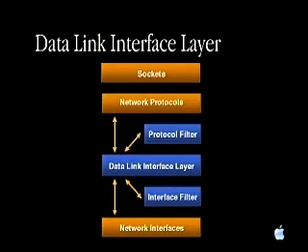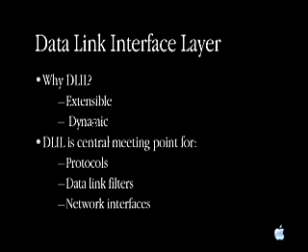The goal of this layer is to be basically a central point. DLIL lets us do extensibility. You can add protocols, you can add network interface families, and also put filters. DLIL is really the central point that's going to be the abstraction layer for all this.